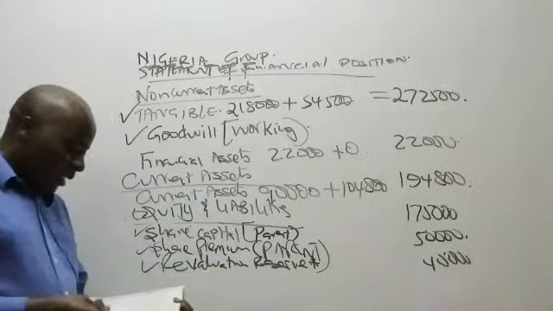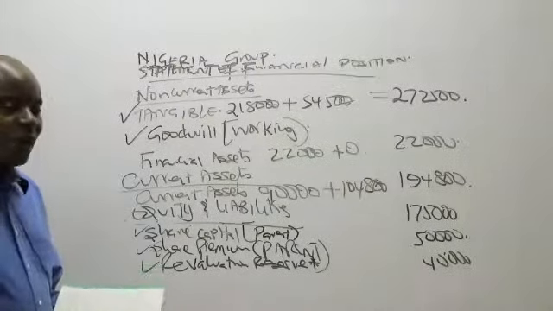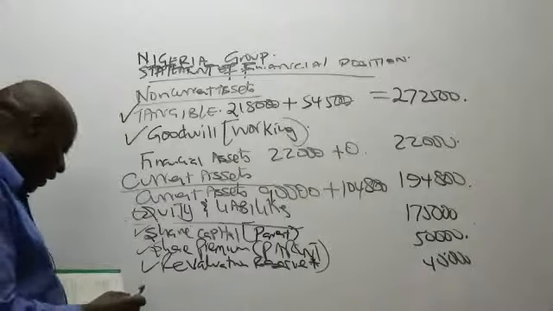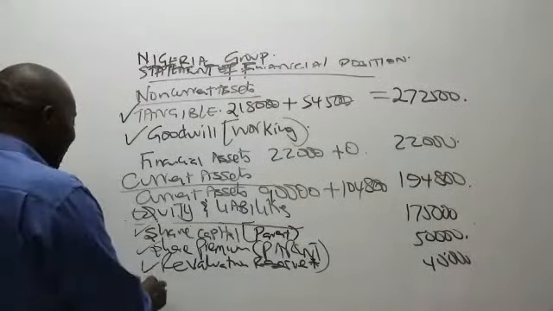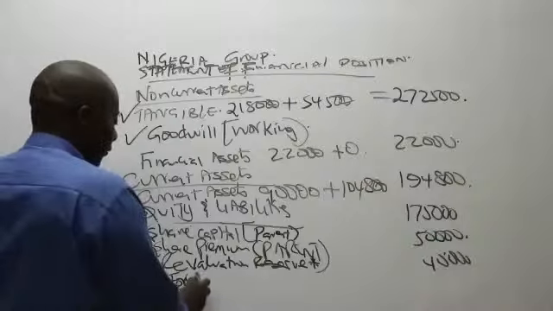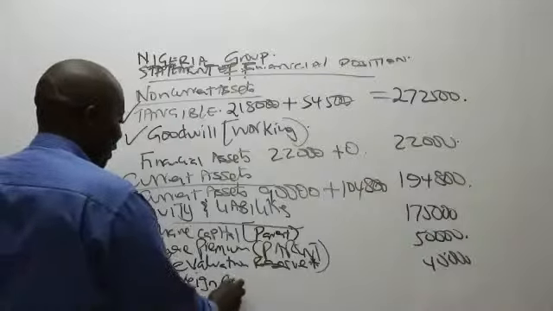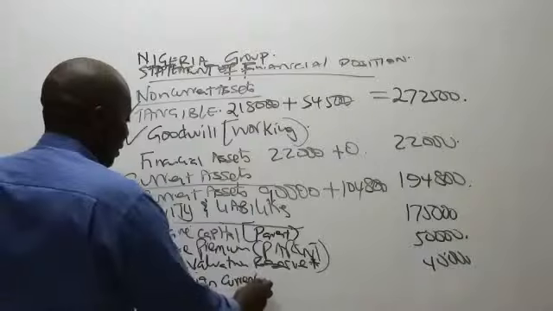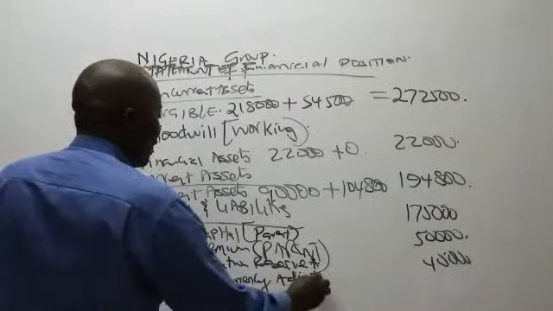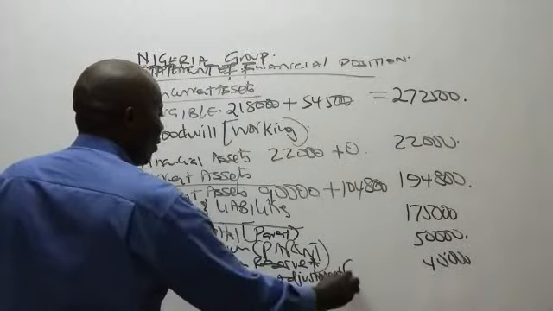From there, ladies and gentlemen, the next thing there will be a very important working before NCI, what we call the foreign currency adjustment. Very important because of the translation. This is a very important working, which I'll not do.